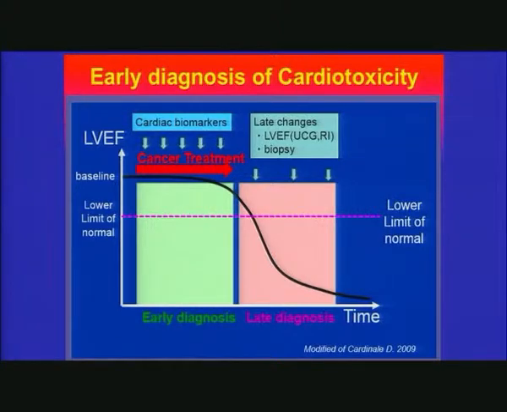And biomarkers, BNP and troponin, are also useful. However, it is not perfect. In Herceptin cardiomyopathy, some patients don't change the BNP even immediately before the heart failure.